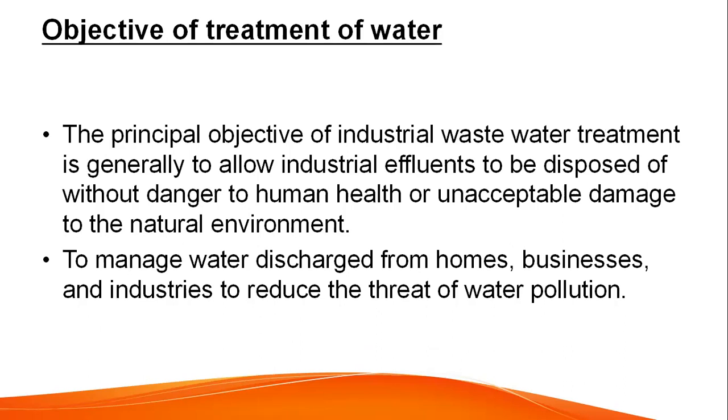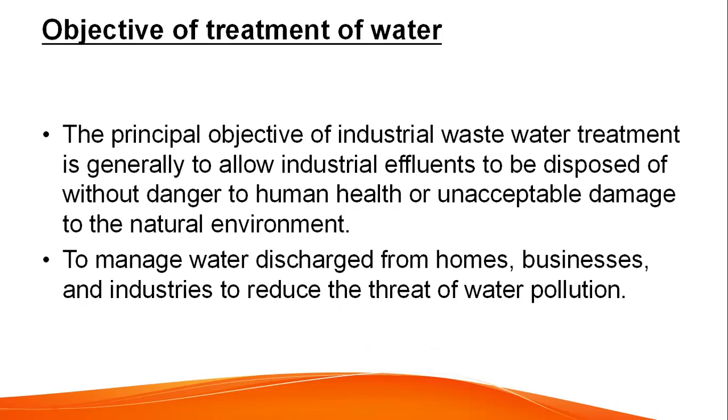What is the objective of treatment of water? This is simple. The principal objective of industrial wastewater treatment is to allow the industries to clean the water and then expel it so that it does not pose health issues for human beings and for the environment.